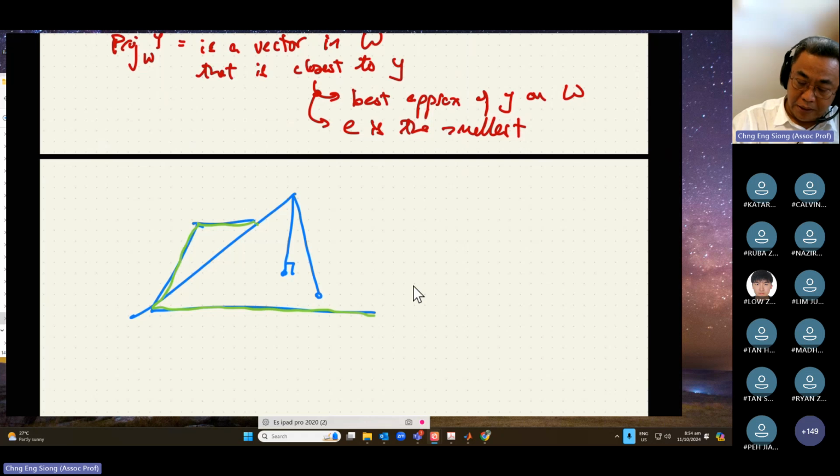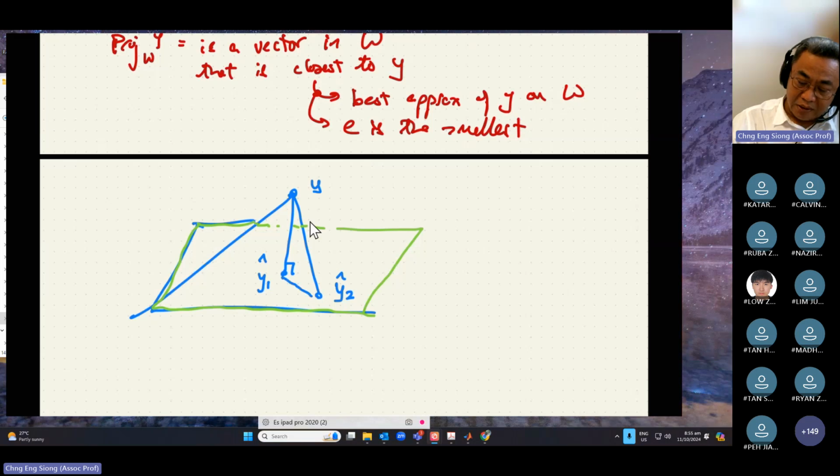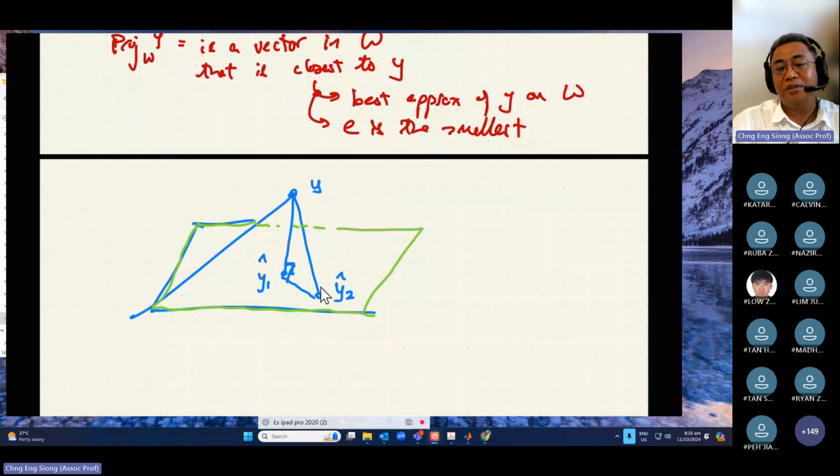The green thing is the plane. Now, can you see that the blue guy, here Y, and here's Y hat 1, and this is Y2 hat? Y2 hat versus Y1 hat, who is nearer to Y? Well, if Y1 is directly below, perpendicular, then you can see that there is a triangle here, and the distance along Y to Y2 is the hypotenuse.